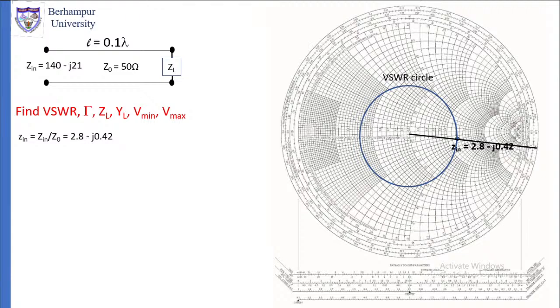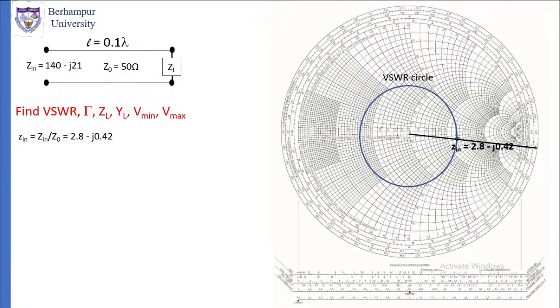Then we have to find the angle of gamma. Gamma, the reflection coefficient, has two values: one is its absolute value or magnitude, the other is its angle.